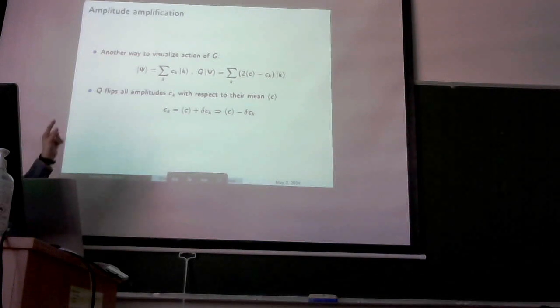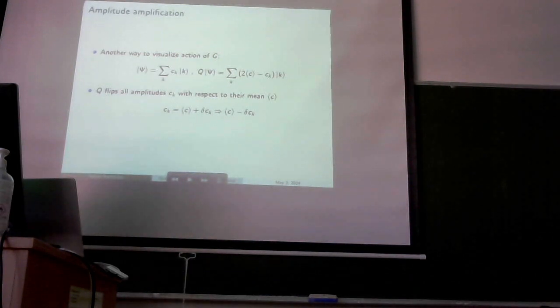In other words, if one of those amplitudes is the average amplitude plus something, we're transforming it into the average minus something, which is the idea of reflecting with respect to the mean. I'm going to illustrate this idea in the example I've represented in a second, but this is another interpretation of the same idea of rotating the initial state until we get close to beta.